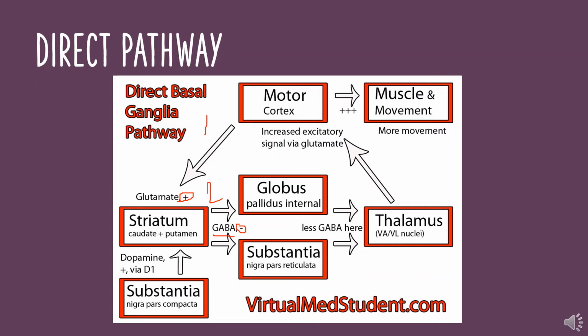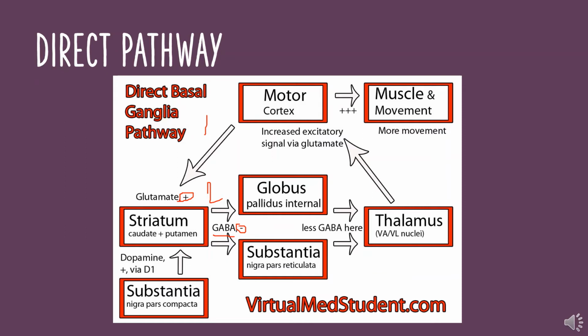Now, since GABA is released here, which is an inhibitory neurotransmitter, what that is going to do is inhibit the GABAergic neurons which travel from the globus pallidus to the thalamus, also known as the pallidothalamic pathway.